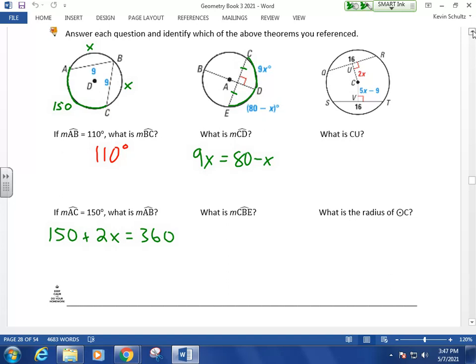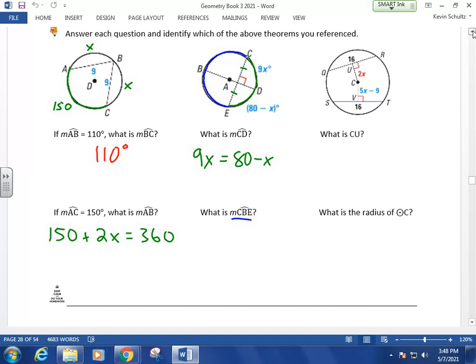We can solve for x, then plug it into the expression that will give us the measure of arc CD. Okay? What is the measure of arc CBE, the one below that? Well, here, now we're given the other one. If we know what arcs CD and DE are, and that there are 360 degrees in a circle, we can set up an equation to solve for arc CBE.